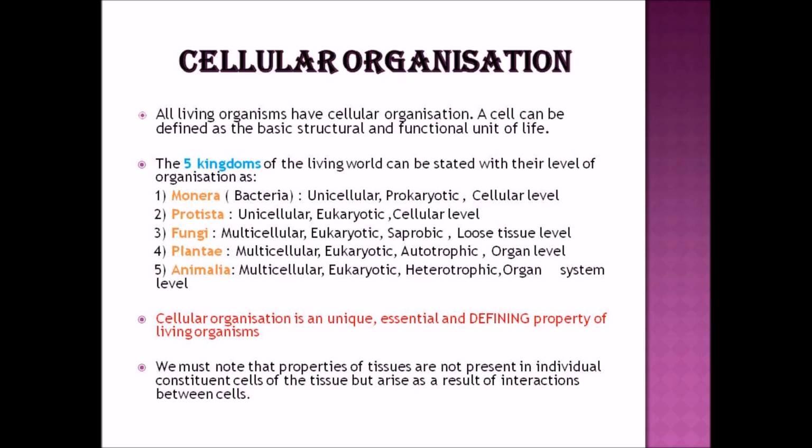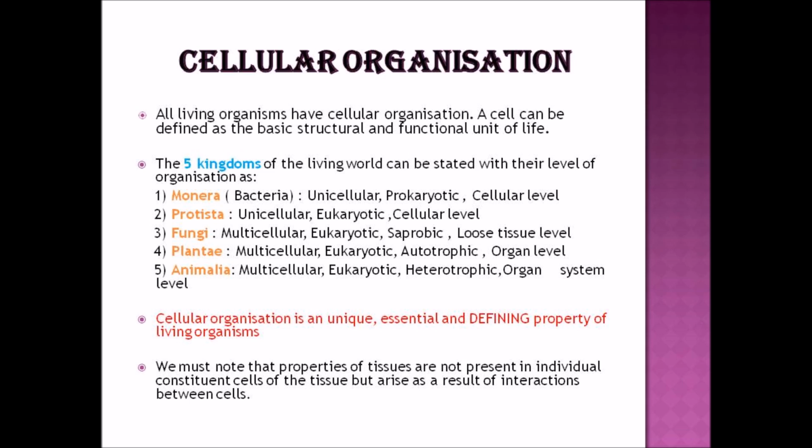Since they can synthesize their own food, they are termed autotrophs. An autotroph is basically one who can synthesize his own food and does not depend on others for food. Plants have an organ level of organization. That is, the tissues aggregate to form distinct organs.